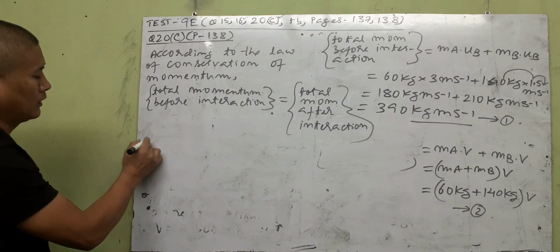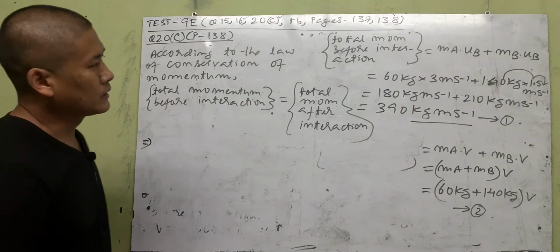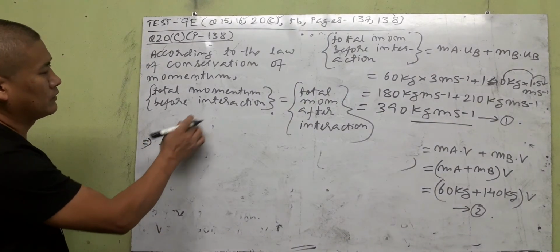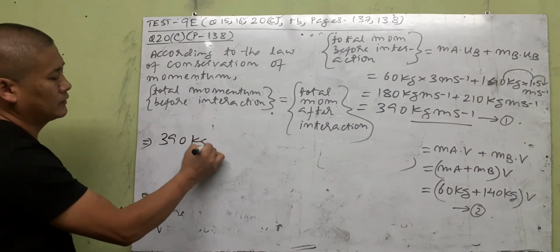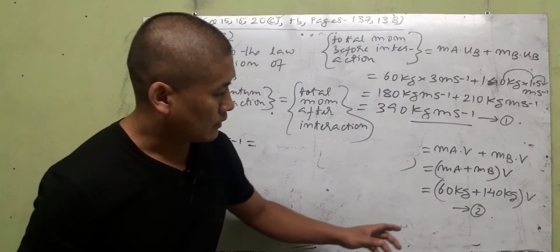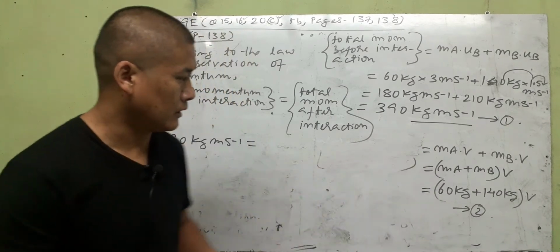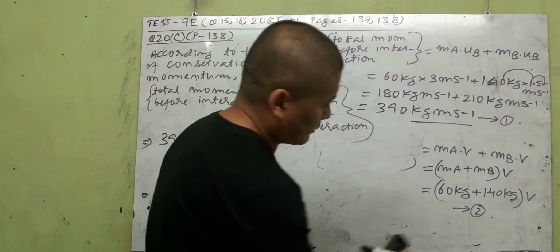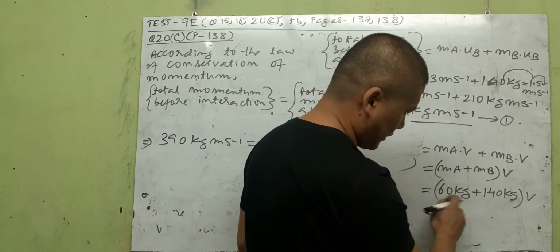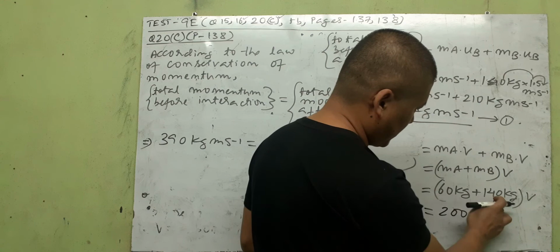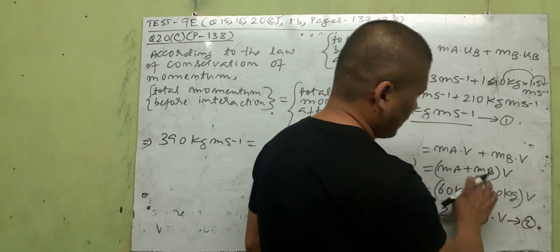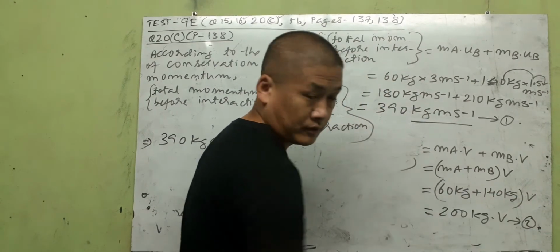So here the total momentum before is 390 kg meter per second, and it's up to you whether you write this on the left or right. It will be equal to the one after, which is this one. One more step, sorry, I forgot to add: 60 plus 140 kg into V. This is equation 2.